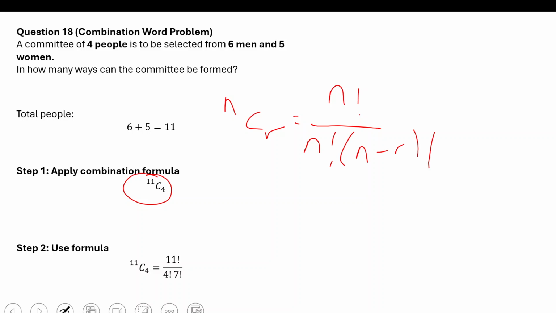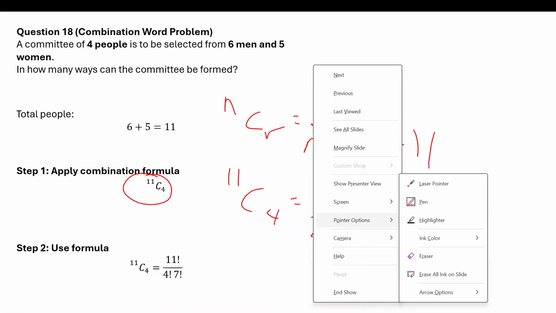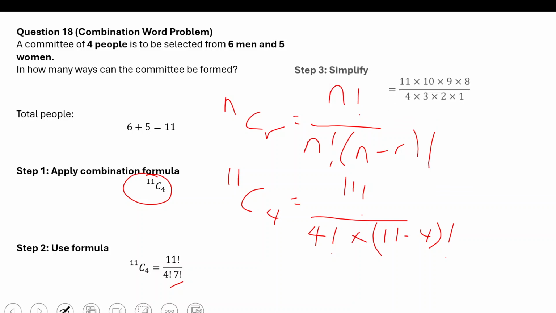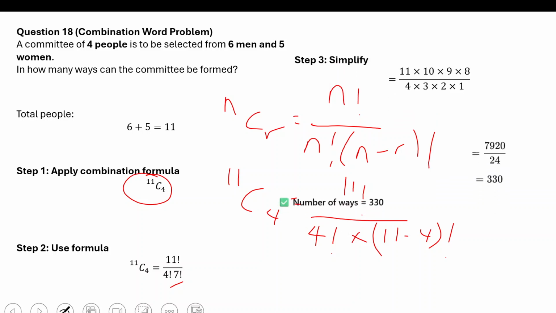So if I have 11 combination 4, it's simply 11 factorial all over 4 factorial times 11 minus 4 factorial. So 11 minus 4 is 7. That's why I'm having 7 here. Okay. So I simplify and I get my answer as 330 ways.